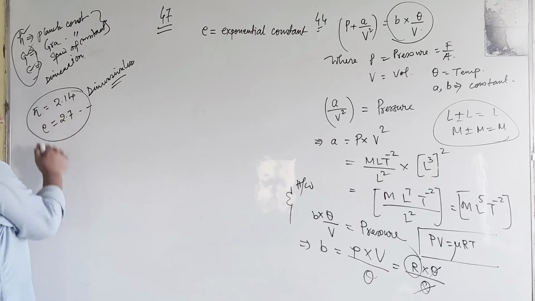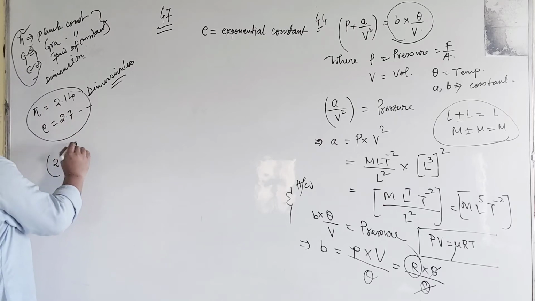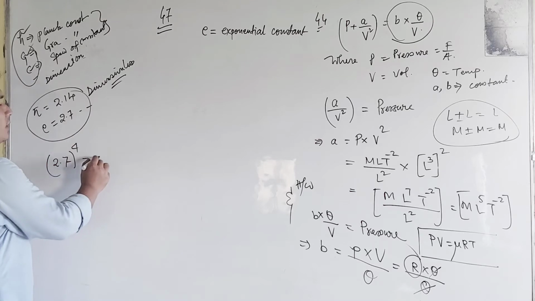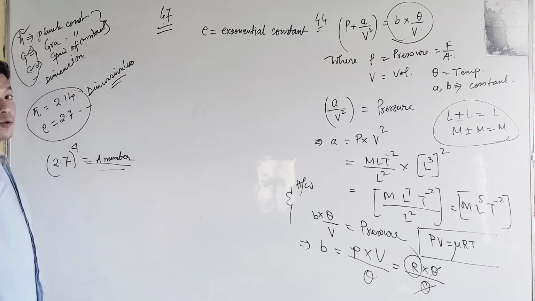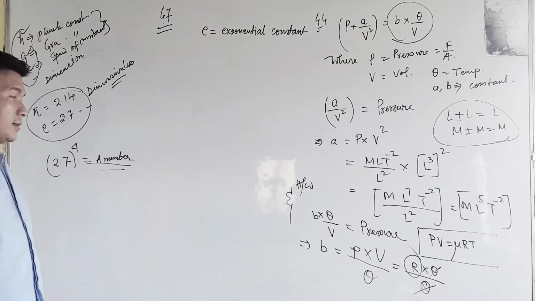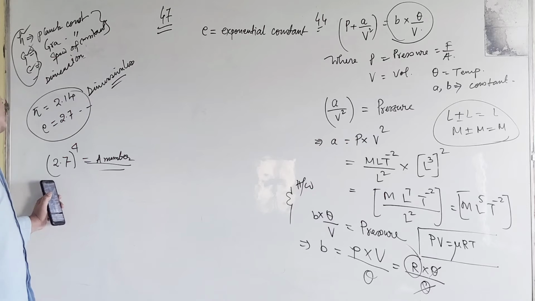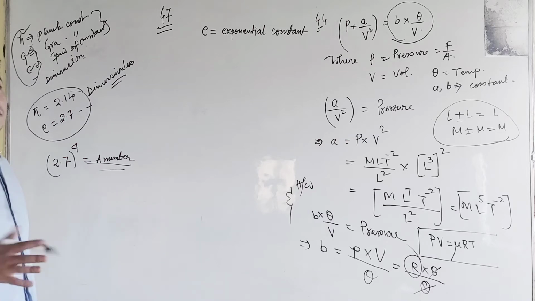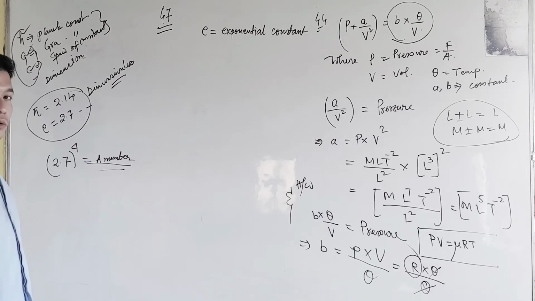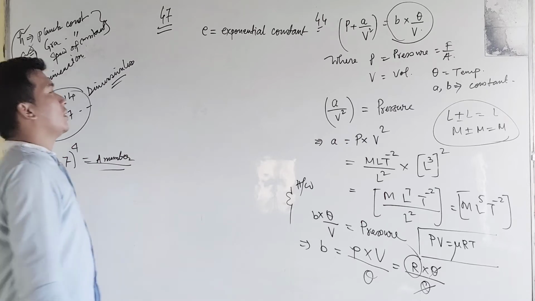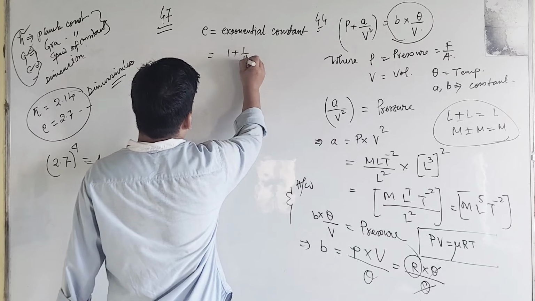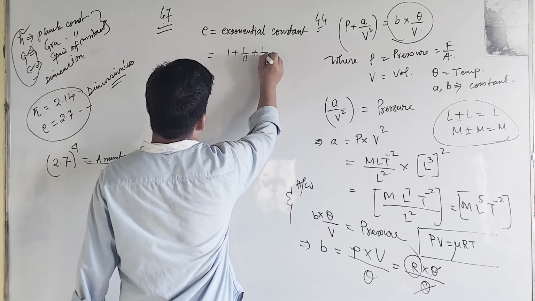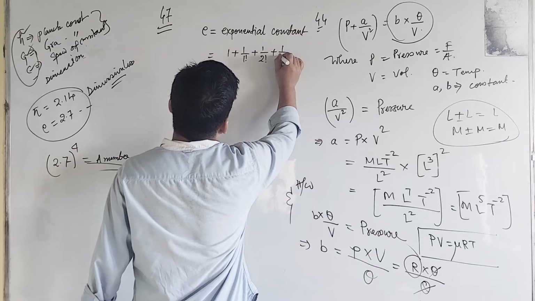This is a constant, and if 2.7 is raised to power 1, or power 4, or power 7, we will have a number, and this number is also a constant with zero dimension. The exponential constant is 1 plus 1 divided by 1 factorial plus 1 divided by 2 factorial plus 1 divided by 3 factorial plus 1 by 4 factorial.